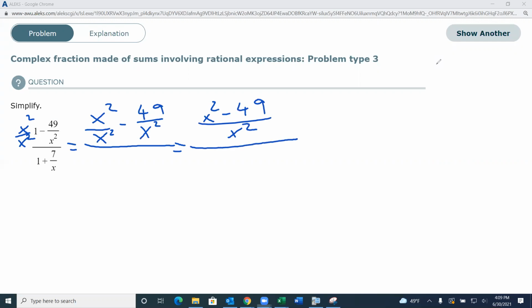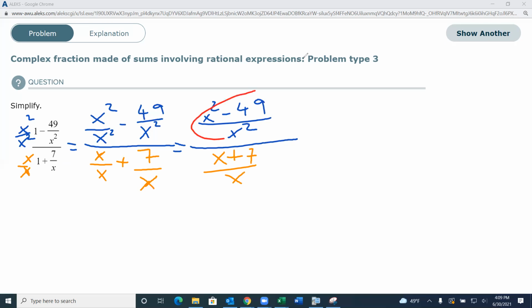Okay, and in the denominator, all of that needs to become a single fraction, so I'll multiply by x over x on that 1. So I get 1x over x plus 7 over x, and then we get x plus 7 over x.